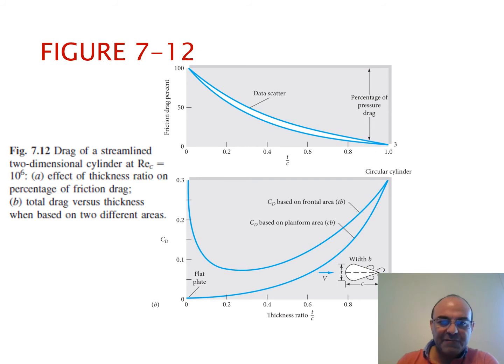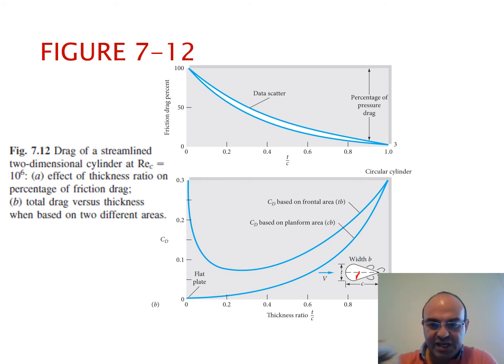Okay, so here in A, this is the drag of a streamlined two-dimensional cylinder. Consider this cylinder here. This is not a circular cylinder; this is like an airfoil or hydrofoil.